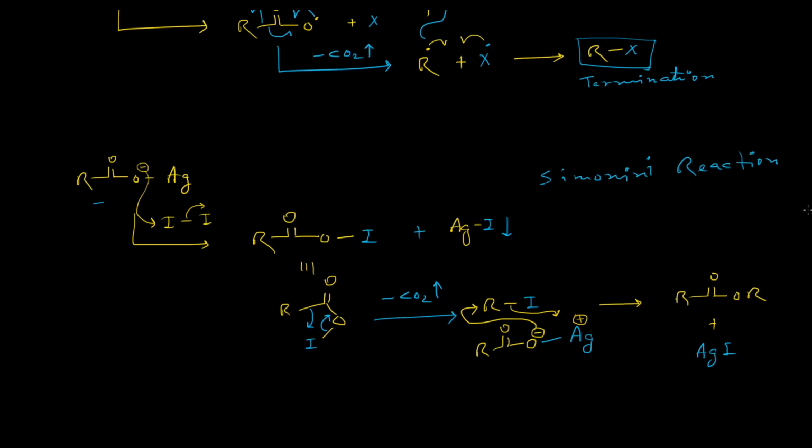So now let us consider the modification of Hunsdiecker reaction, which is done by applying red mercuric oxide in the reaction medium. So the benefit of this modification is that we don't need any carboxylate salt anymore.